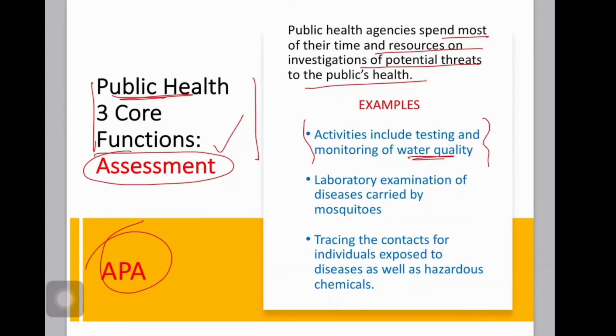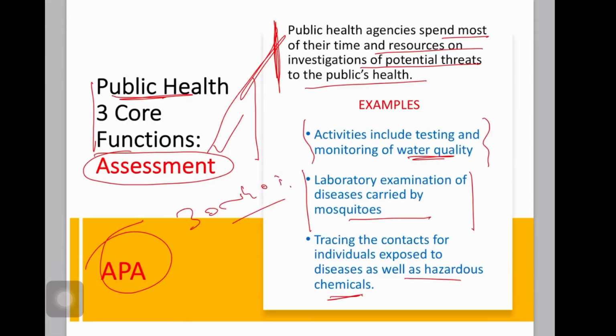The second is lab examination of disease carried by something like mosquitoes, and tracing contacts of individuals exposed to a disease, as well as hazardous chemicals. So the assessment part takes 30 to 40% of the time of public health agencies in investigations.